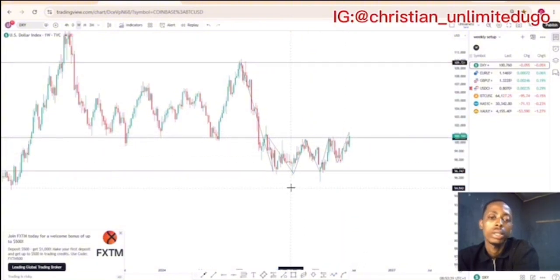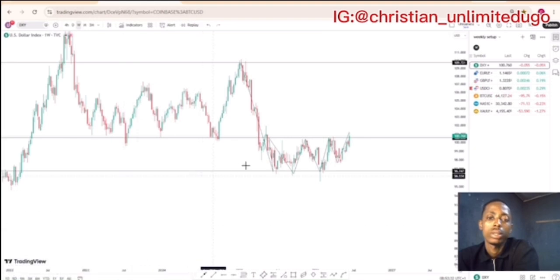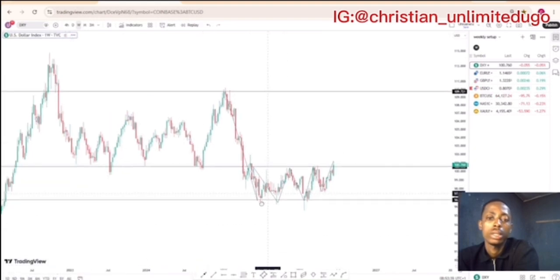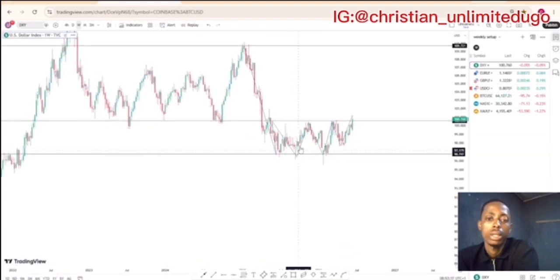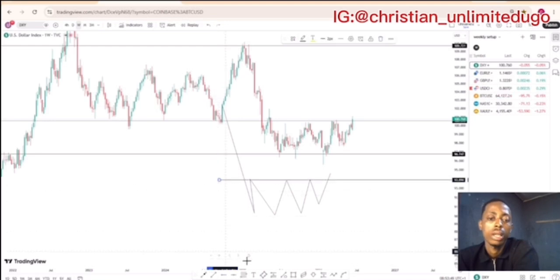So if I bring out this pattern from here, definitely using this bar, you can clearly see that this is a very ranging market.